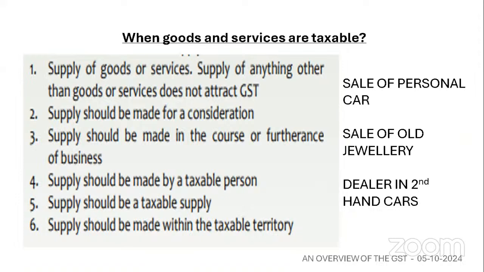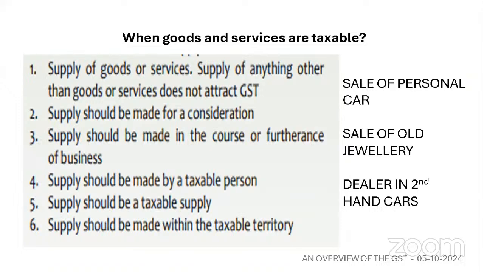It's a wide enough definition. Under the GST law, what is taxable is a supply. Once a particular transaction fits into the definition of supply, the person carrying out that transaction should pay the GST. This is a very important change when compared to the old laws.